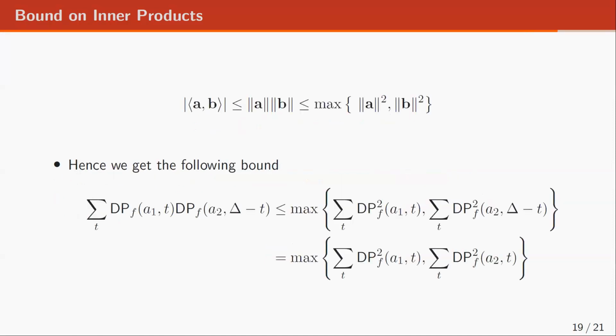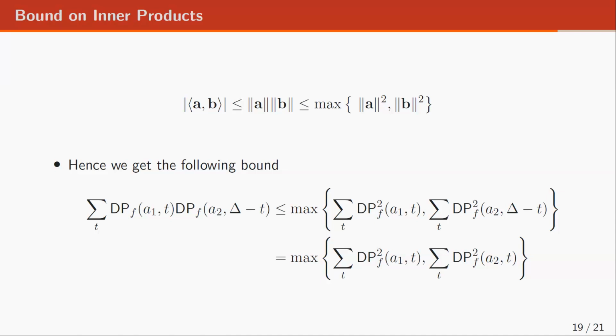And this bound can then be further upper bounded by just taking the square, right? Because these are two real values, we take the product of two real values. So then we get the following bound.